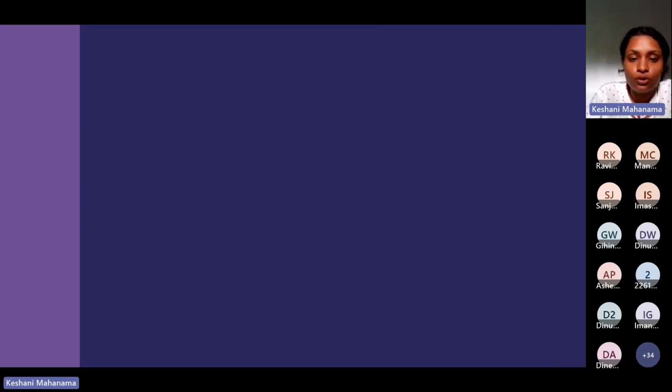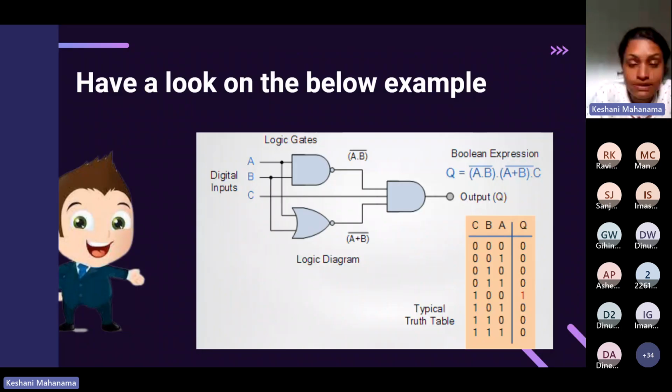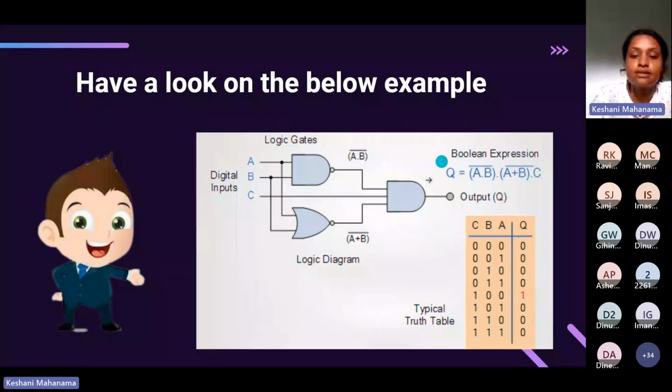Here this is an AND gate, this is a NOR gate, and this is an AND gate. By looking at that, we can see that this combinational logic circuit is made up using three different kinds of logic gates. Likewise, we can make combinational logic circuits by combining these logic gates.